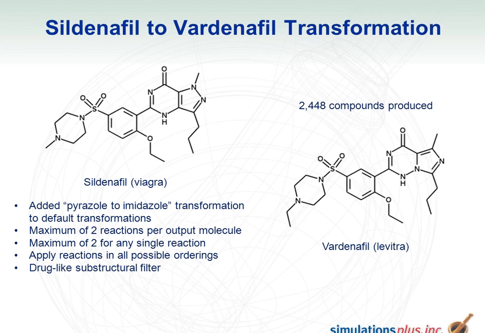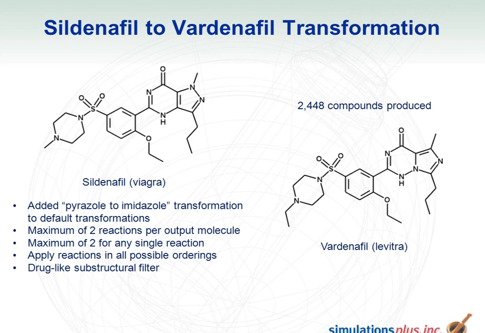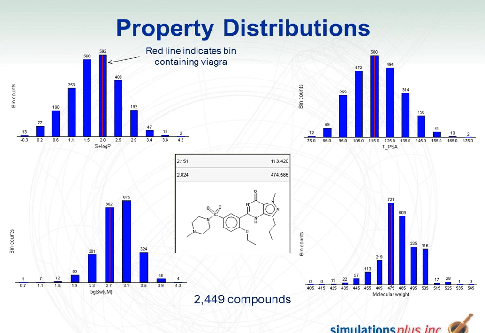On this next slide, I show the property distribution for the about 2,400 compounds that were produced, and in each one of these plots, there's a bin with a red line, and that indicates the bin that holds our query molecule. And as you can see in all these distributions, we get a fairly good Gaussian distribution around the query molecule.